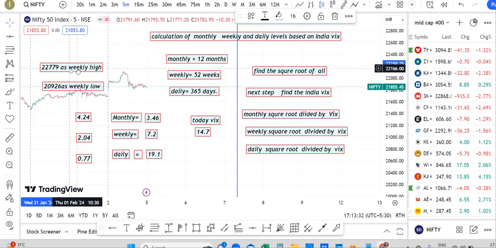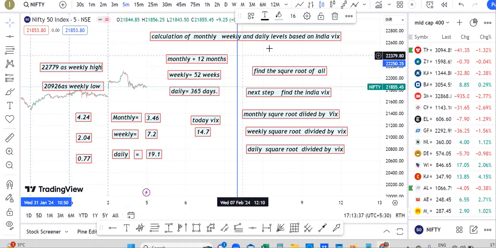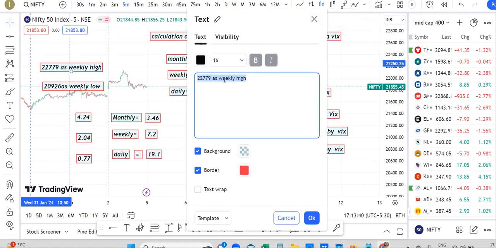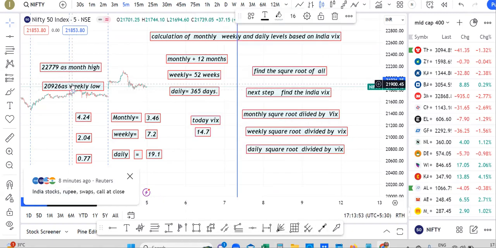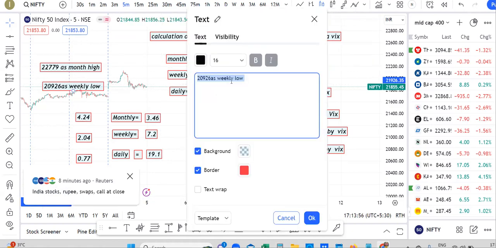This is monthly, so I have to change it. What did I get? 20,926 as monthly low.